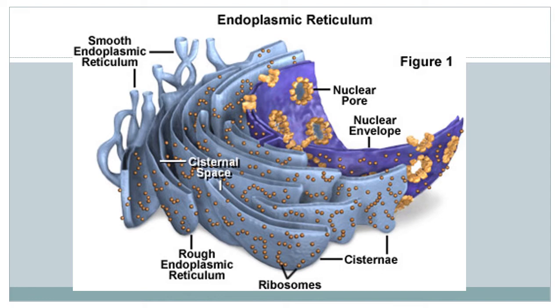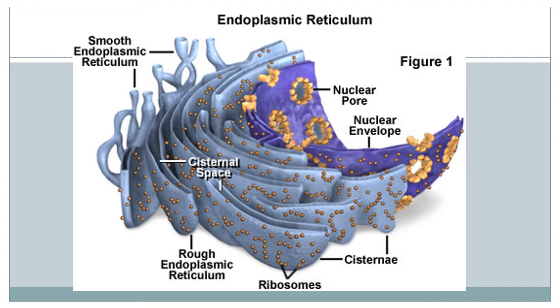Now we come to the endoplasmic reticulum. It is an extensive network of membranes, consisting of a network of membranous tubules and sacs called cisternae. The endoplasmic reticulum membrane separates the internal compartment of the endoplasmic reticulum, the lumen or cisternal space, from the cytosol.